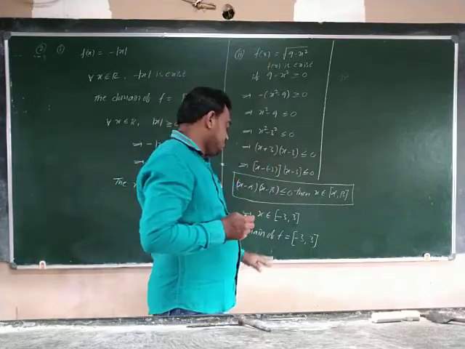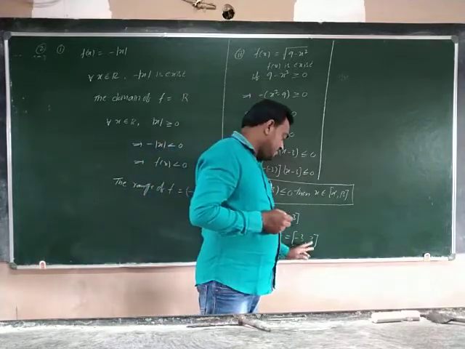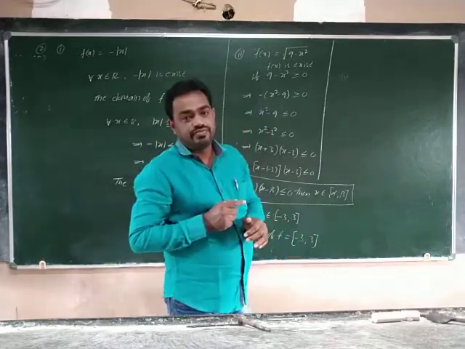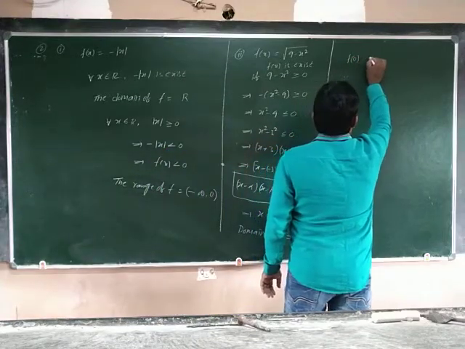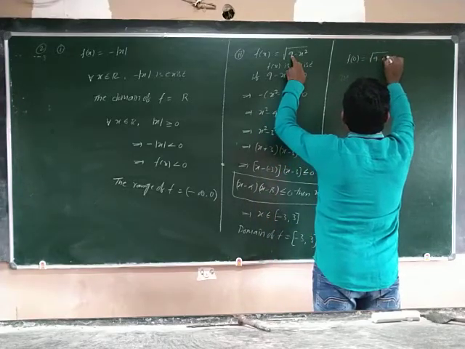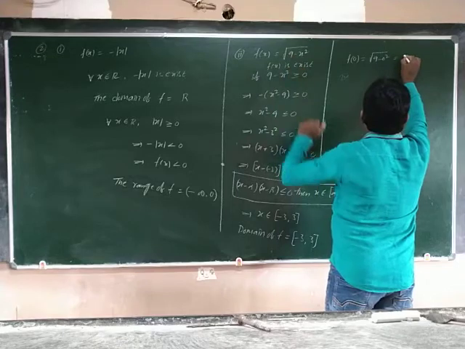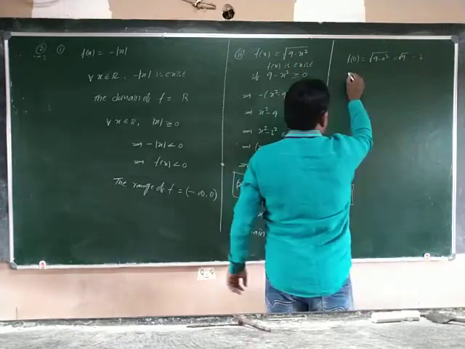Say, for example, minus 3 to plus 3 is there. In between, one value we have is 0. f of 0 is equal to 9 minus 0 square, so 9 minus 0 square is equal to 9 and root 9 is equal to 3.